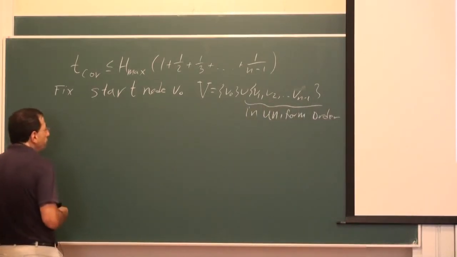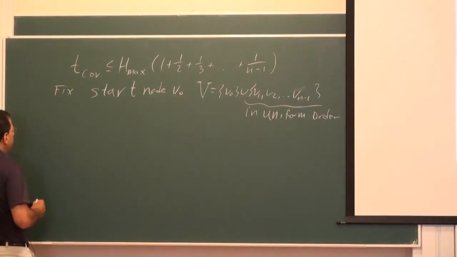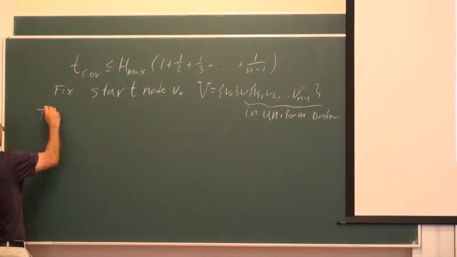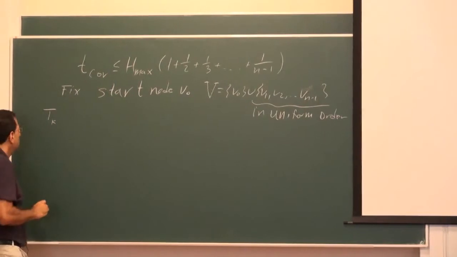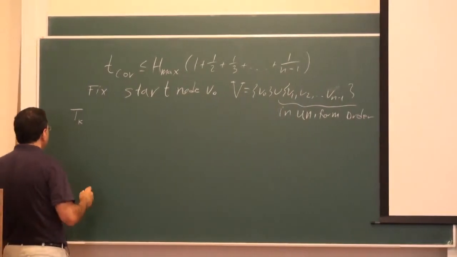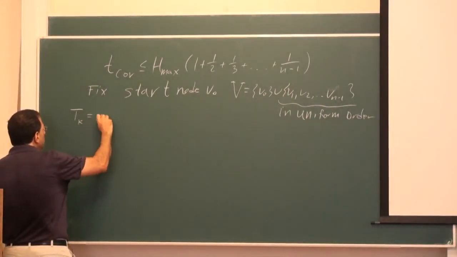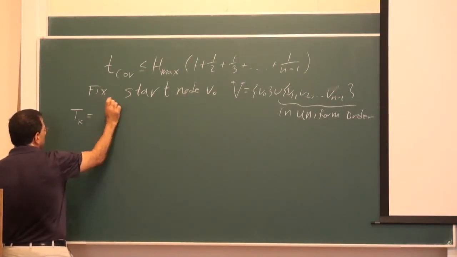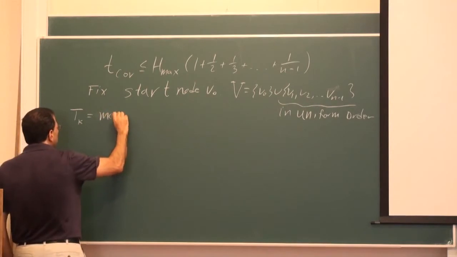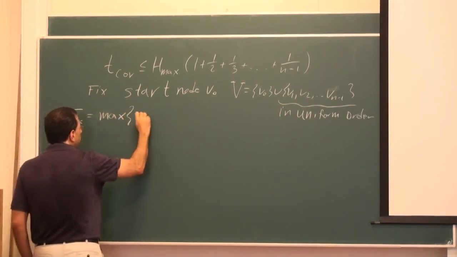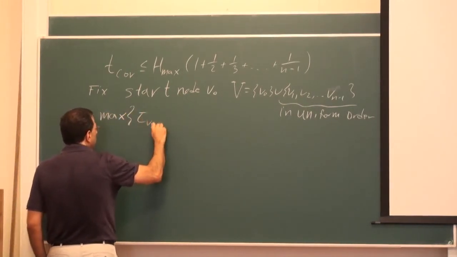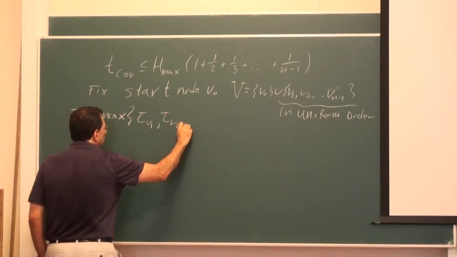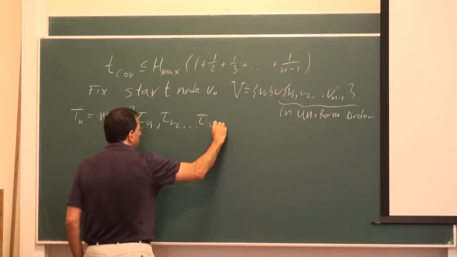And then you define variables T_k, which is the time, maximum of tau V1, tau V2, up to tau Vk.